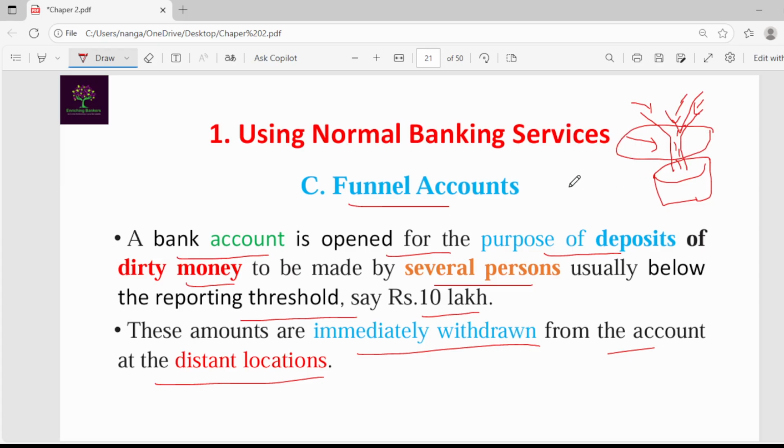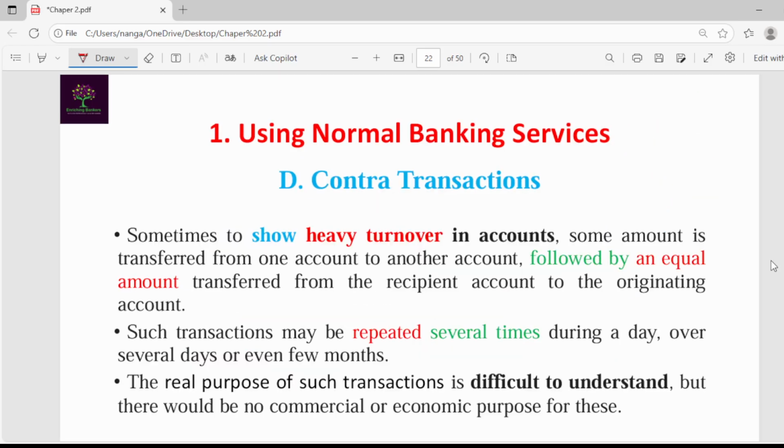In this funnel account, dirty money is deposited by several persons at several places, also below the reporting threshold value, that is 10 lakh rupees in India. Money launderers use this type of funnel account for their illegal activities, for the transfer of illegal funds.